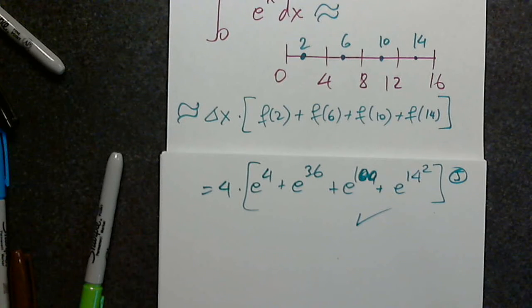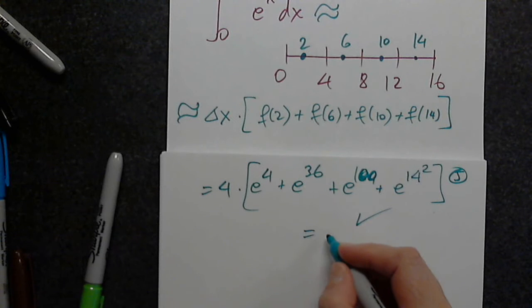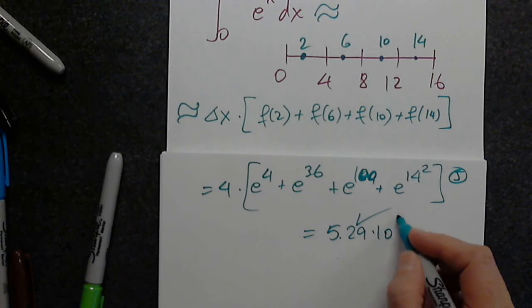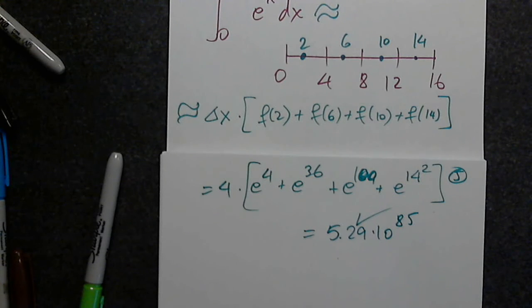Oh, 5.2 times 10 to the 85th power. 5.29 times 10 to the 85th. The technique is important, not the number, of course.